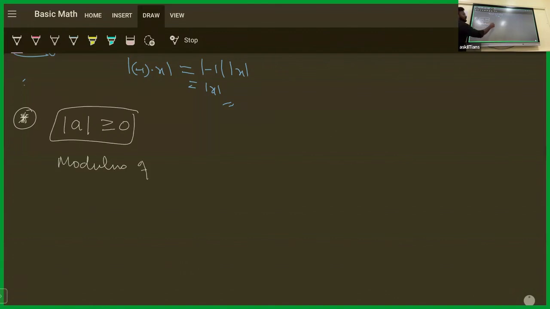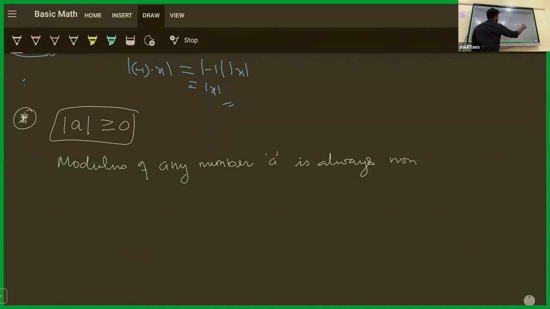Means the modulus of any number a is always non-negative. Is always non-negative, right? Non-negative means that it can be 0 or positive.